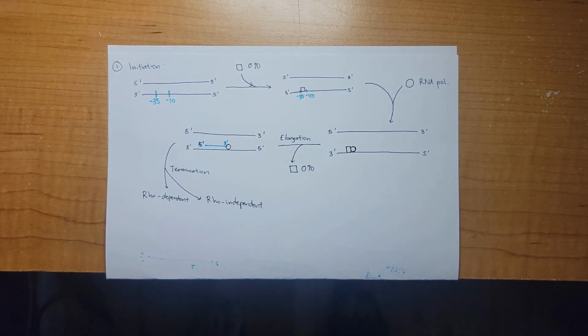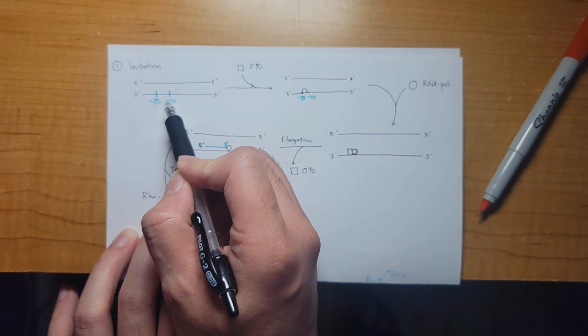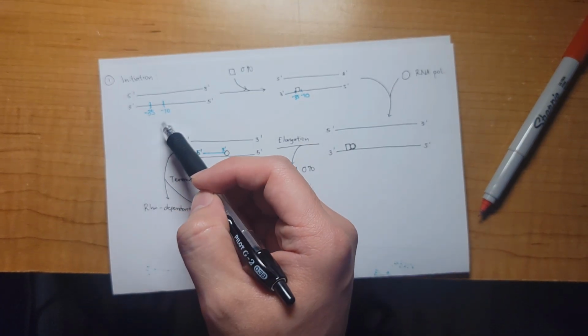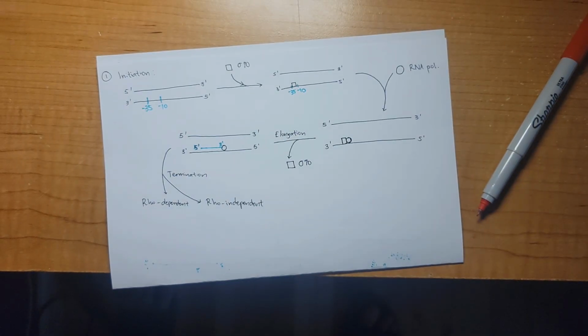If you watched the first part of the video, you remember initiation, elongation, and termination. For initiation in bacterial or prokaryotic transcription, we have a promoter region called -35, -10, found in the gene sequence itself. This promoter is recognized by sigma 70, which I'll denote as a square to make it easy.